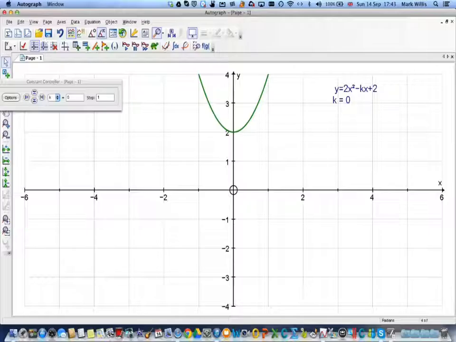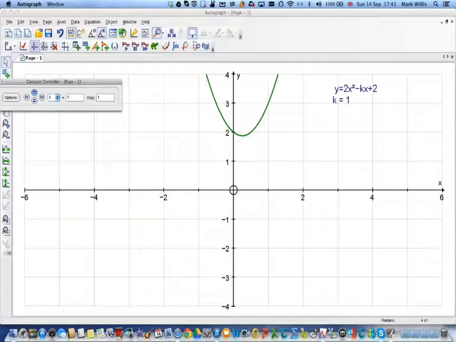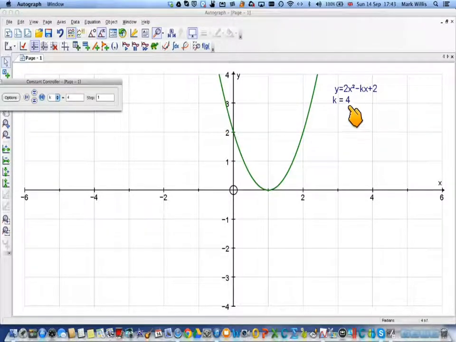So if we now look at an Autograph file that I've made, this is y is equal to 2x squared minus kx plus 2, where k is equal to 0. If we change the values of k, you can see when k is equal to 4, we get what's known as 2 equal roots, i.e. the curve just touches the axis, okay?